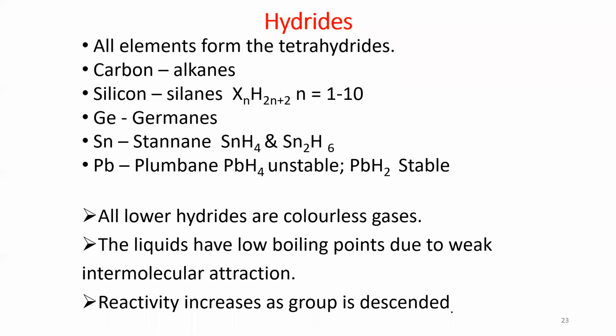Now, they all form hydrides, and the kind of hydrides they form are tetrahydrides. Of course, we expect that because they are more stable in the +4 oxidation state. So your carbon, their tetrahydride is actually alkanes, that is your CH4.